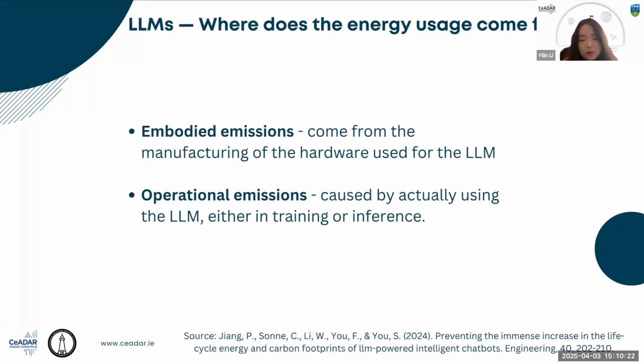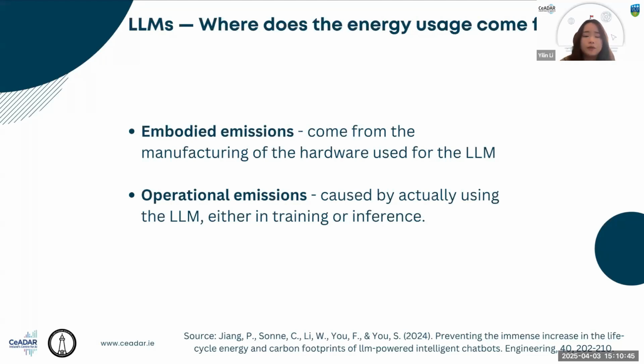And the other one is the operational emissions. That happens when we use the model, during the training and also during the inference. Training large language models takes a lot of energy, often using hundreds of powerful GPUs for weeks or even months.